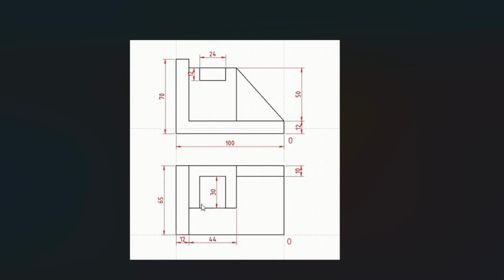So what we have on this face is the overall width, that means the dimension in y direction is 30 plus 10, that means 40 mm in y direction, and in x direction it is 44 mm.